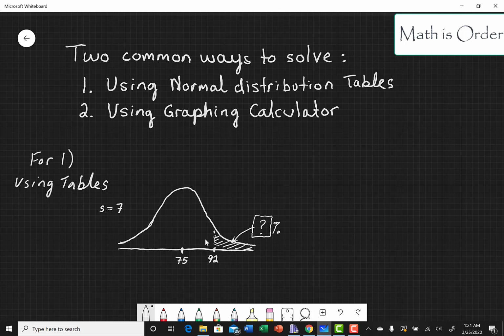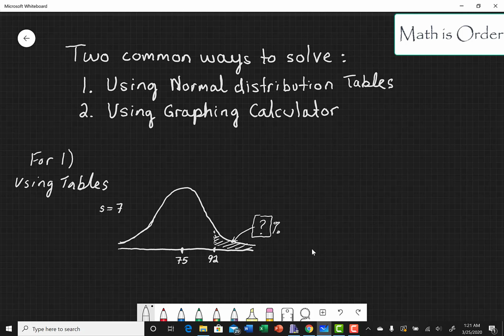When you're using the tables, they only give you the left area, so keep that in mind. We want to find this right area.